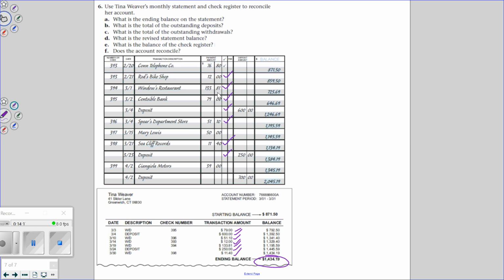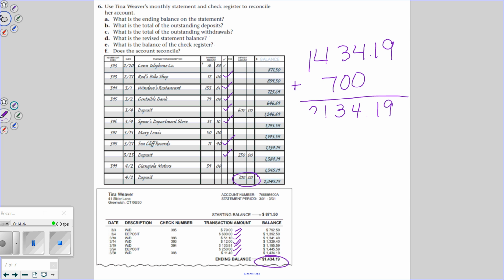All right, once you've gone through and done the little check mark game, then we always start with the ending balance. So 1434.19. And we're going to add in any deposits. Do we have any deposits that weren't accounted for? You got a 700. It's the only one. So we're going to add back in 700. So 2134.19.